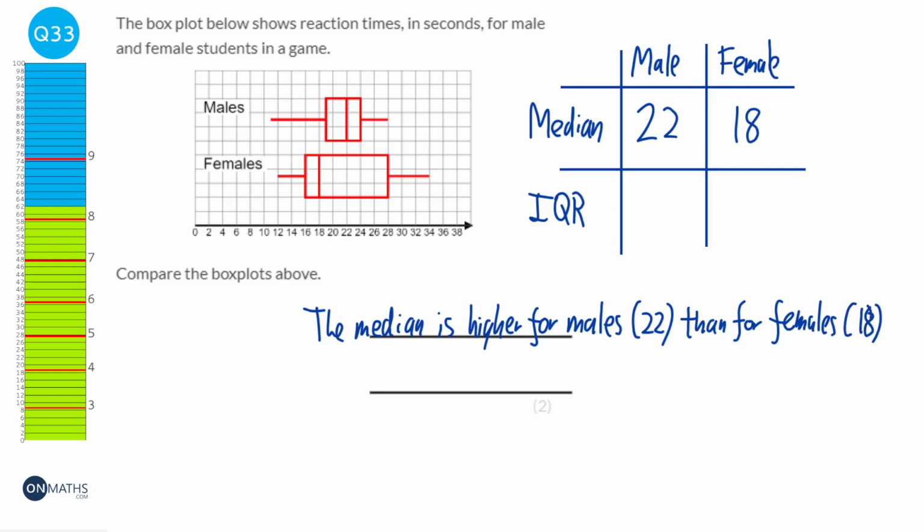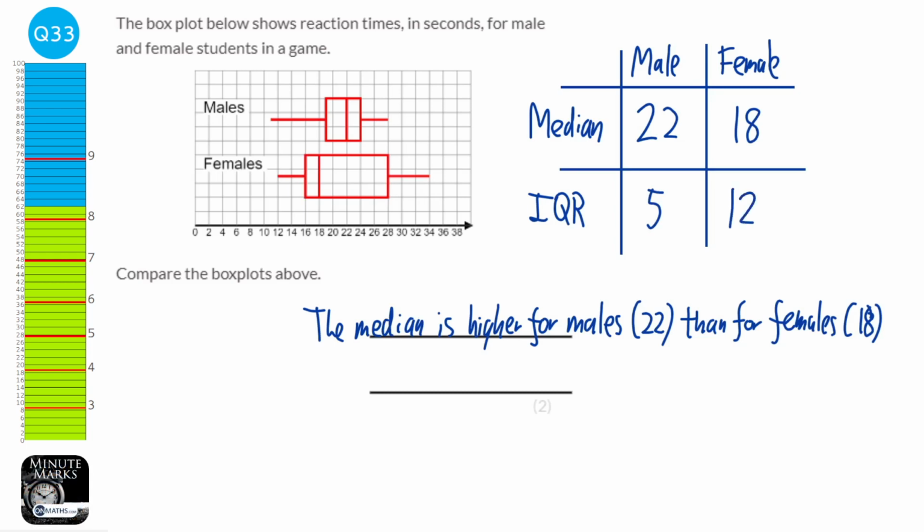Next we're going to do interquartile range. It's slightly harder because you need to find the distance between the upper quartile, which is this line here, and the lower quartile, which is this line here. So that would be 24 take away 19, which would be 5. And for the females, it would be 28, which is this one here, take away 16, which is this one here, and that will give you the answer of 12.